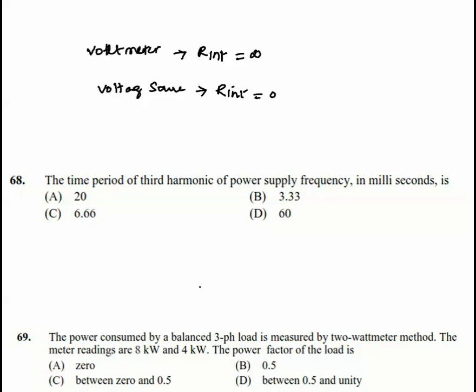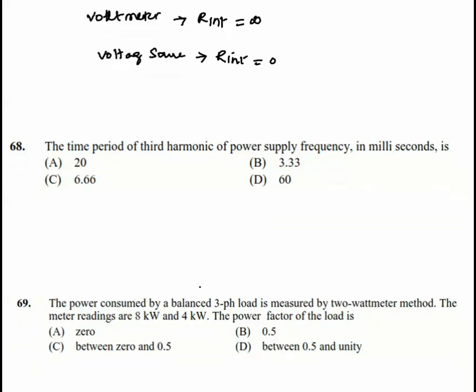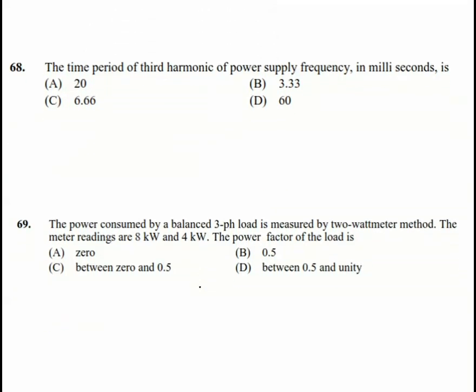And the next question, the 68th question: the time period of the third harmonic of the power supply frequency in milliseconds. Normally we compare with the fundamental frequency. So first we take the fundamental quantity. Let's say f is 50 Hz and the time period is 1 by 50 seconds.